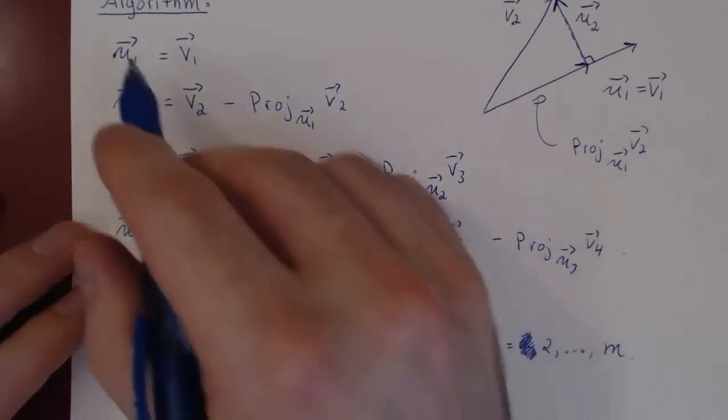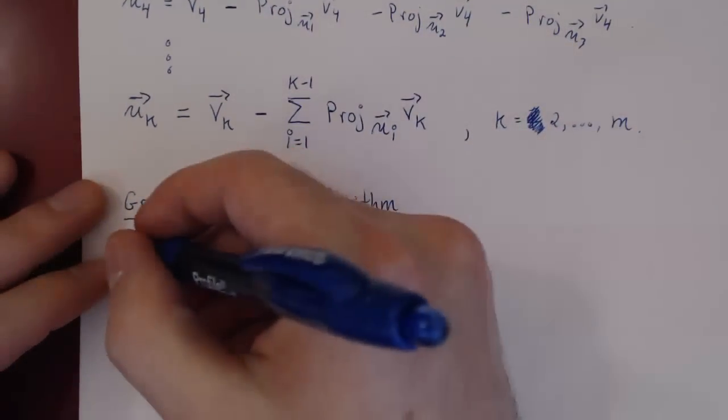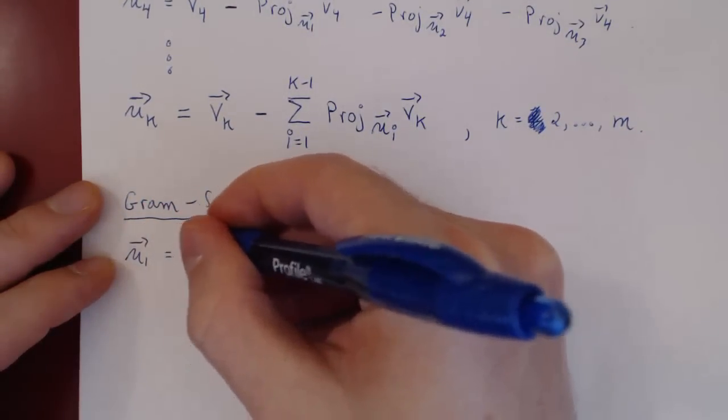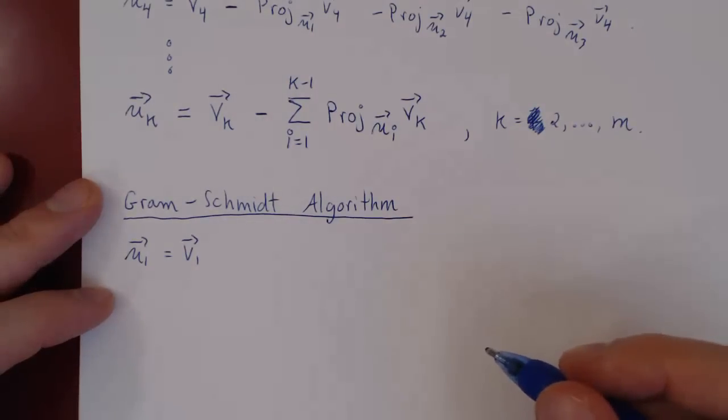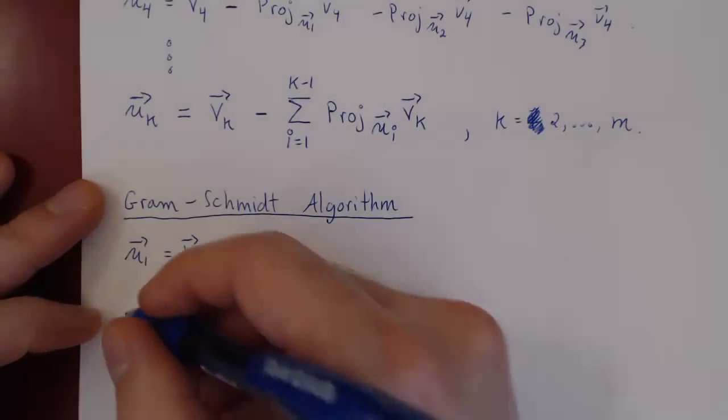So the first new vector of our basis is the original old vector v1. And to get the other vectors of our basis, u2, u3, and so on, we use this recursion.